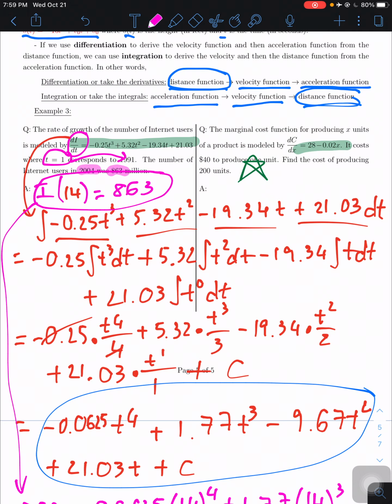The cost of producing 200 units equals 40. So you should have something like this as your initial function. Okay, if you don't know how to extract this function from the given values, let me know. Just make sure you ask me right away, because this will show up on the exam too, and even on the final too.